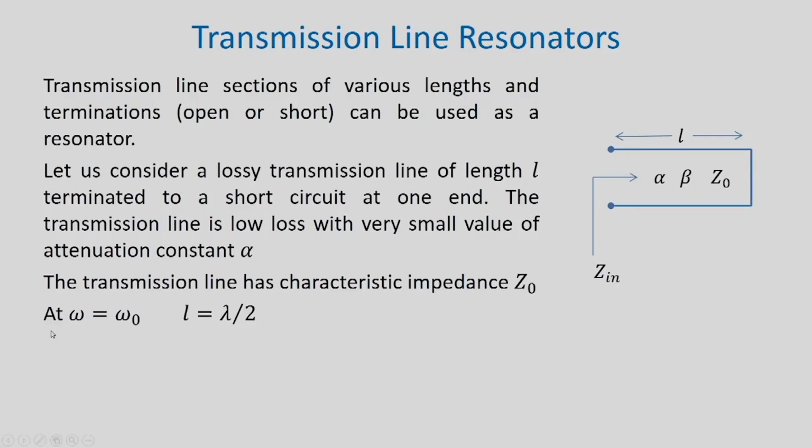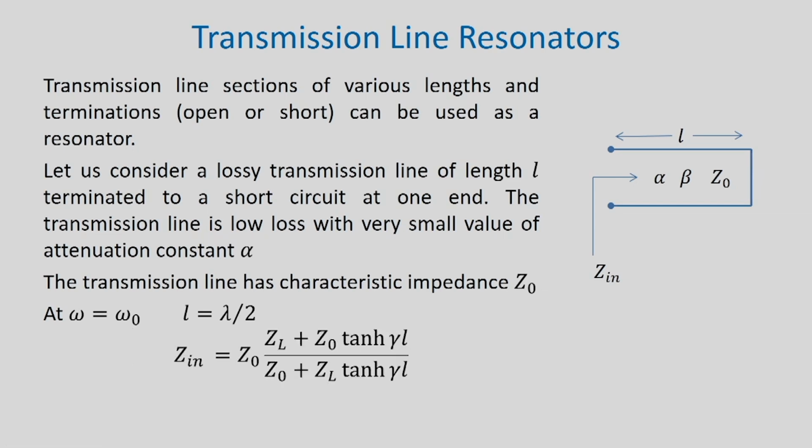If we change the frequency of operation, the physical length of the transmission line will remain the same, and depending upon whether frequency is higher or lower, the line length will be longer than lambda by 2 or it will be shorter than lambda by 2. So, the line length L is lambda by 2 at omega equal to omega naught.